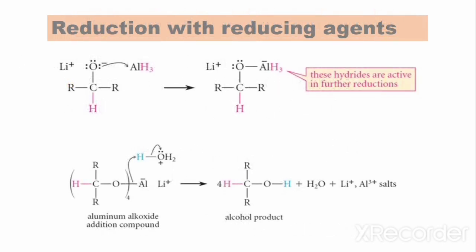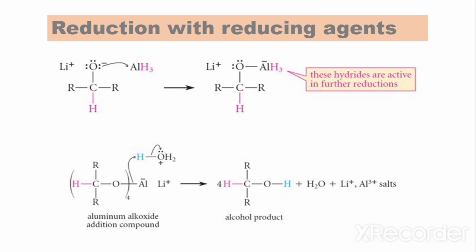Then the reduction with a reducing agent. So we will take lithium aluminum hydride as a reducing agent, and when it reacts with a compound, the lithium aluminum hydride will break into ions, and lithium has a positive charge and aluminum hydride has a negative charge.